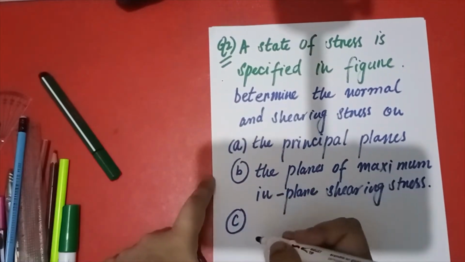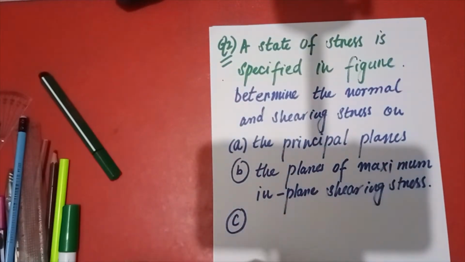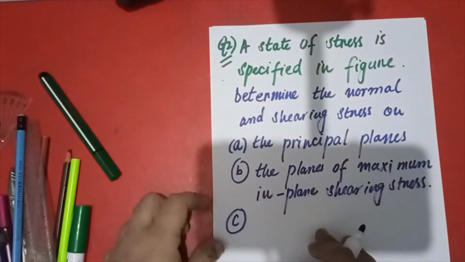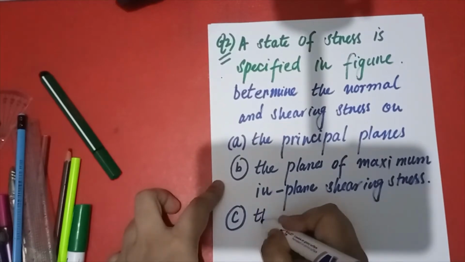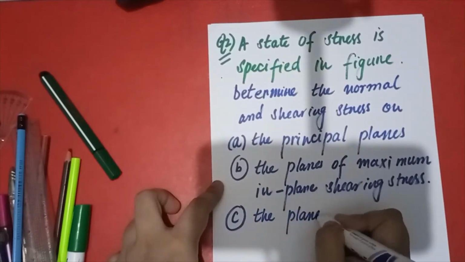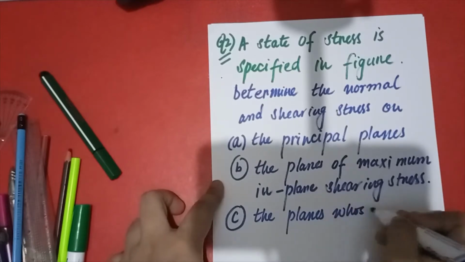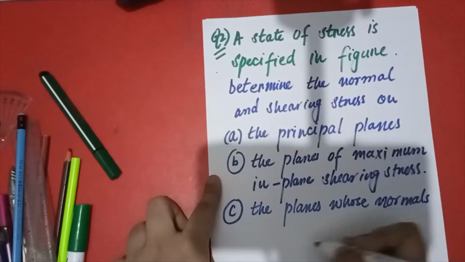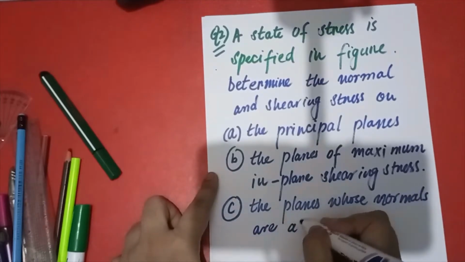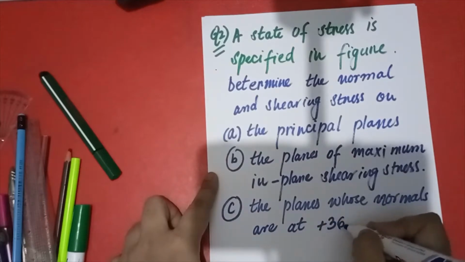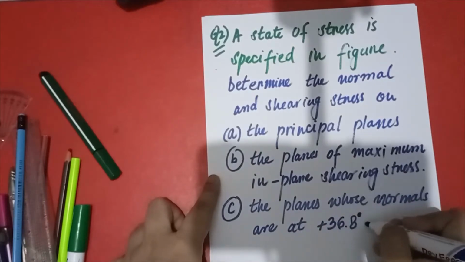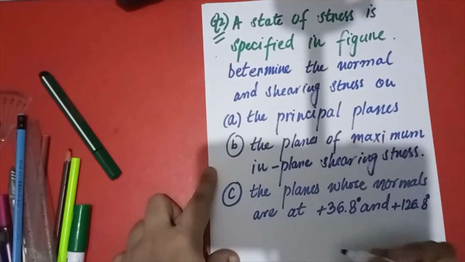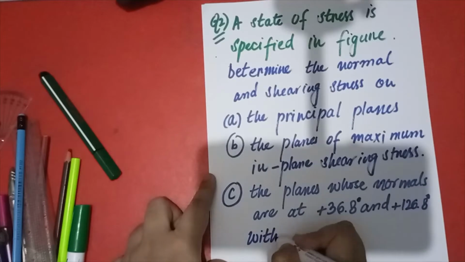Now I am moving towards part C. C is the planes whose normals are at plus 36.8 degrees and plus 126.18 degrees with the x-axis.